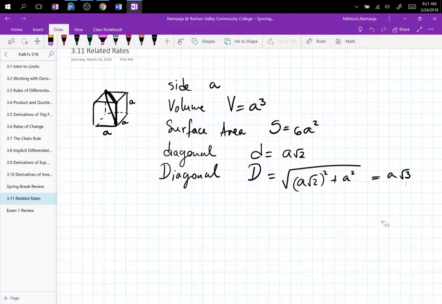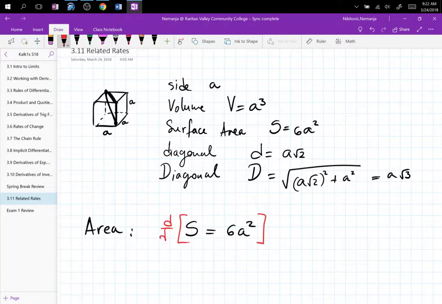Now, what do I want to know? I want to know how fast this evolves in time. And the way to do that, let's pick any of the concepts, say surface area, right? If I pick area as an example, I will take the formula, which I know, and I will take the derivative of that formula in time.